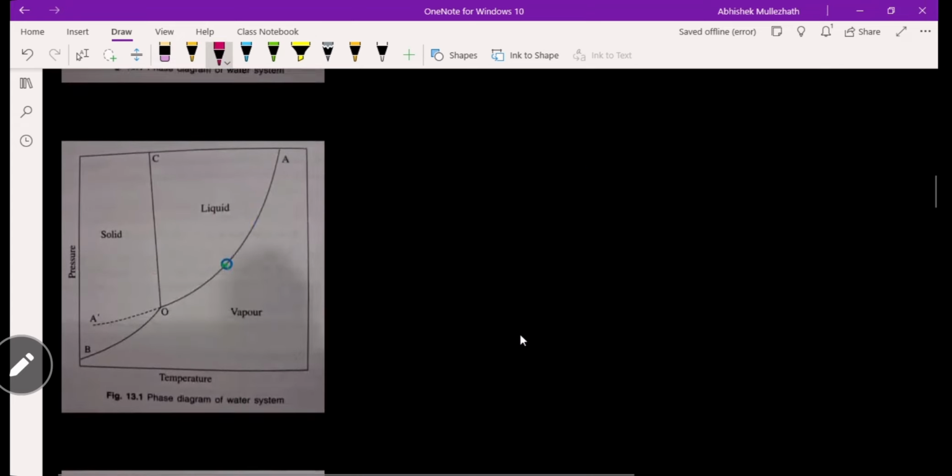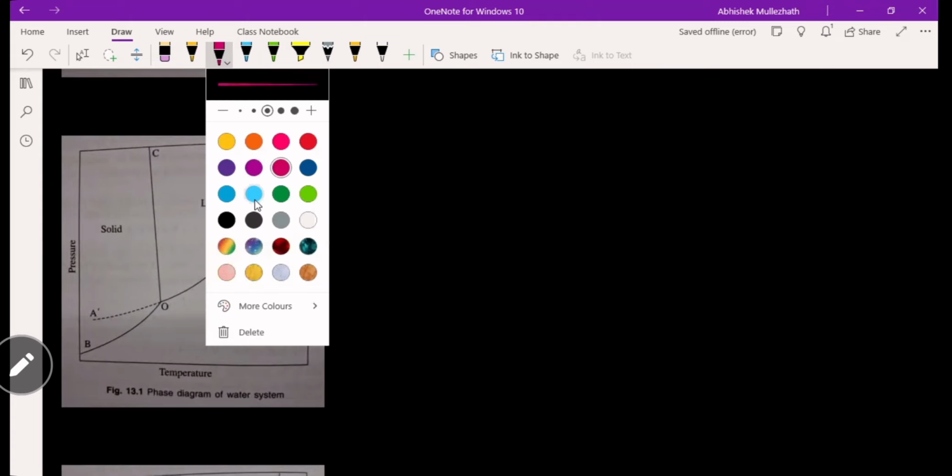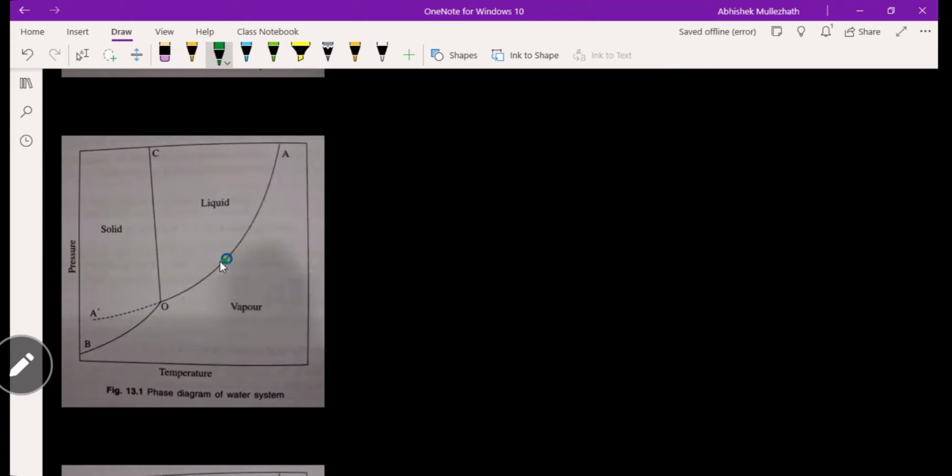Now let us understand this curve. If you have understood, you can calculate it on your own by pausing the video. Over here, you can see that the system is exactly on the curve OA. The OA curve represents the vaporization curve.